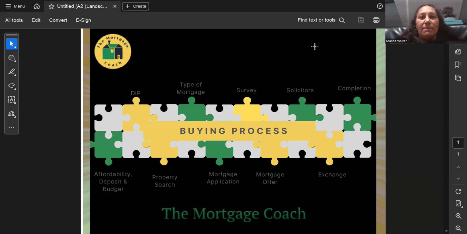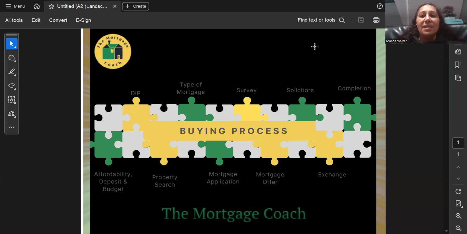Once you have that information, you can decide how much deposit you want to put in, and that all is matched up to your budget. It's good to have a budget when you're saving up your deposit to buy the property, but it's just as important to have a budget after you've bought the property and you're running things month to month. So that's just something to be aware of.